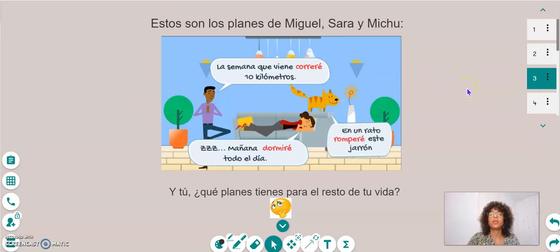The third part, which is quite important for me also, is to put everything into a context. I have picked this particular picture here because we do have some drawings so that we can have an idea of the situation, what is happening in this picture. And also some very short sentences with this particular verb already conjugated in the future tense.